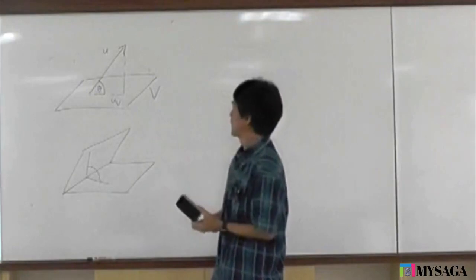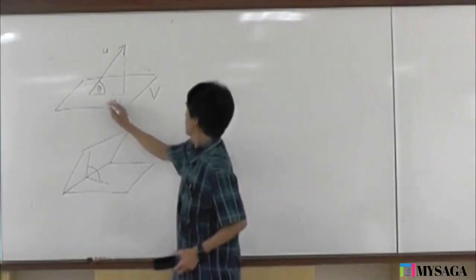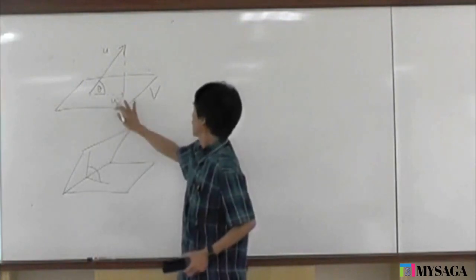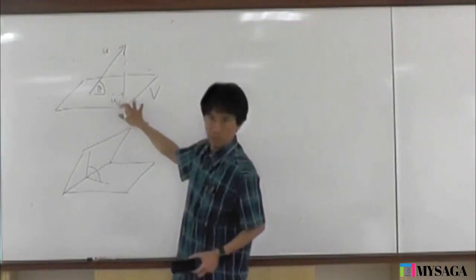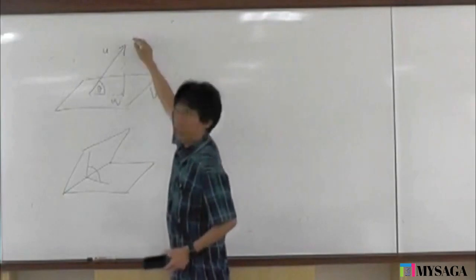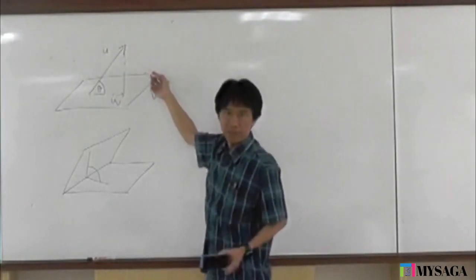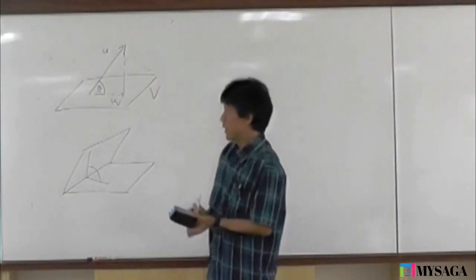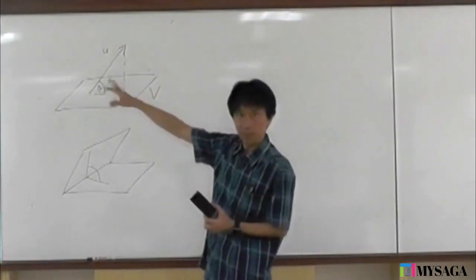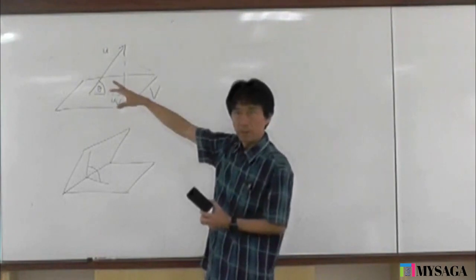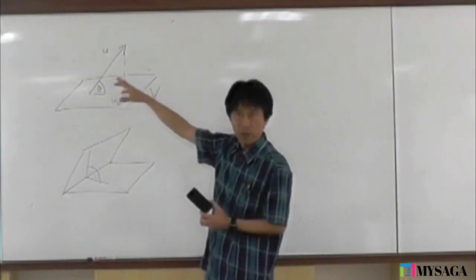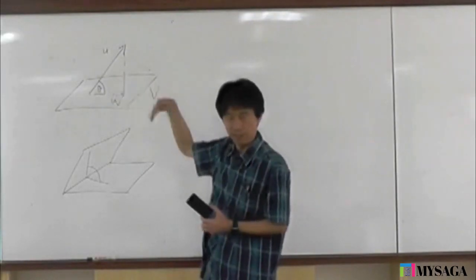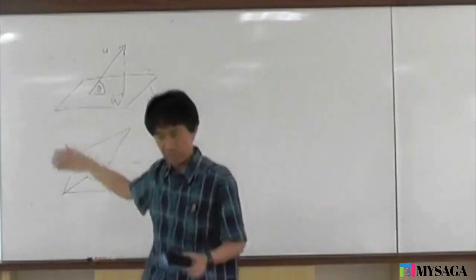So the cosine of the angle is the ratio between the length of the projected vector and the length of the original vector. So instead of having the inner product, I compare the norm of the projected vector and the norm of the original vector.